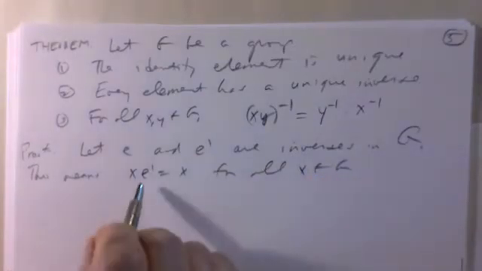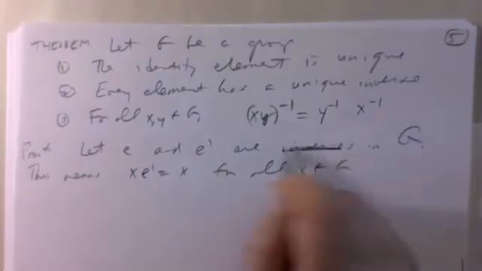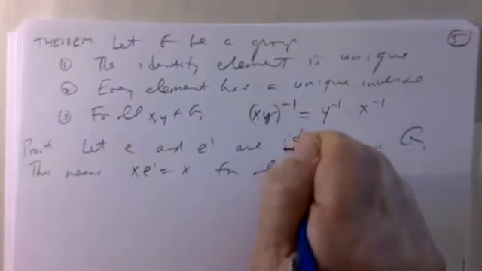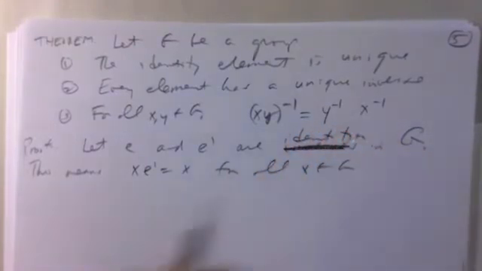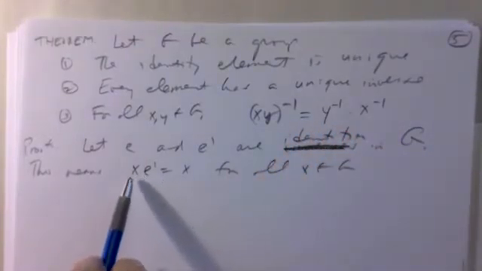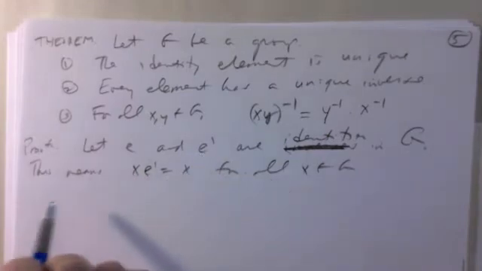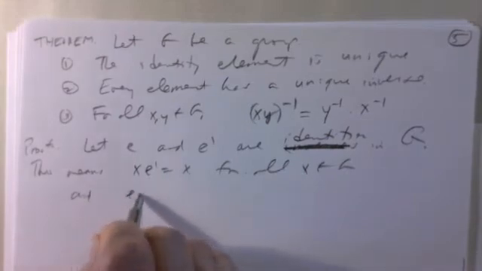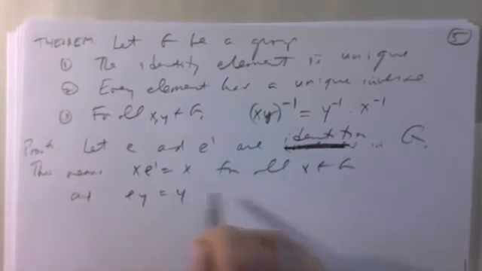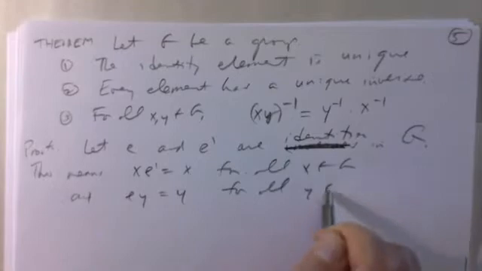That's one of the properties of the identity. So if I take any element x and multiply it on the right by the identity e prime, I get x. And e times y is equal to y for all y in the group.